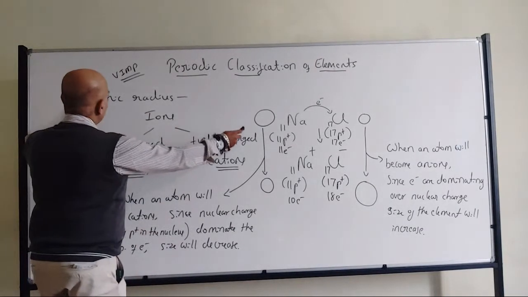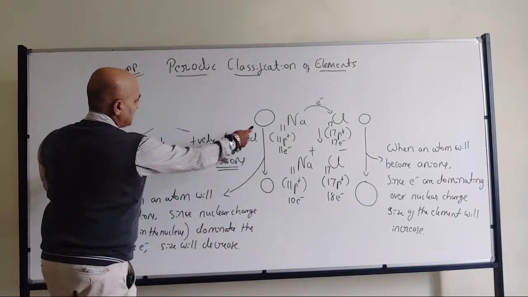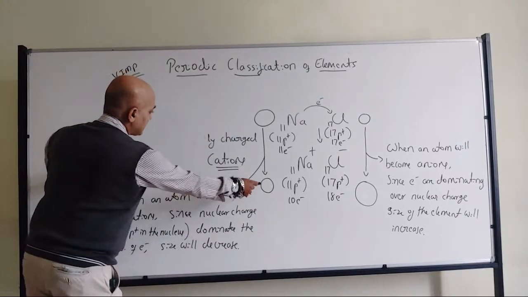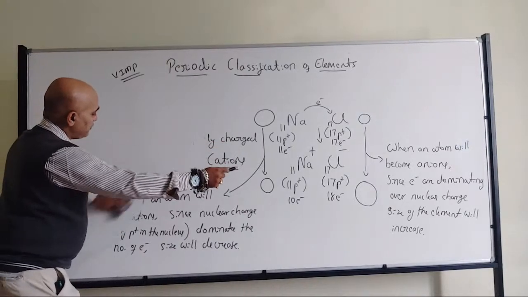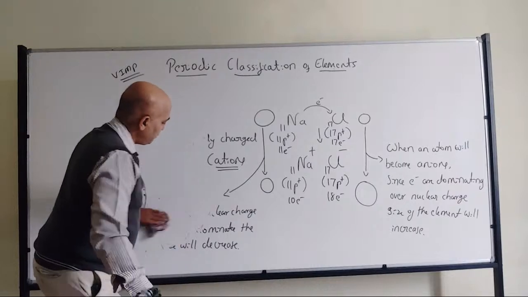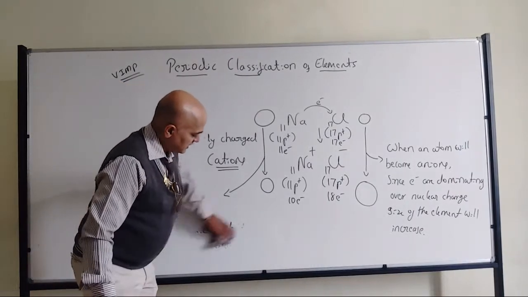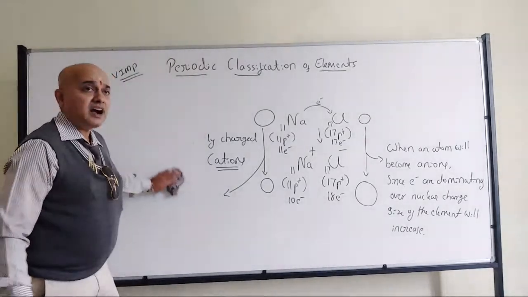Here, since proton is going to dominate over the electrons, therefore size is going to decrease. Since electron is going to dominate over the protons, therefore size is going to increase. That way also you can write electron and proton. That way also you can give the answer.